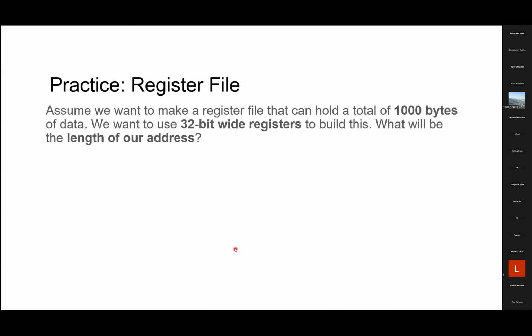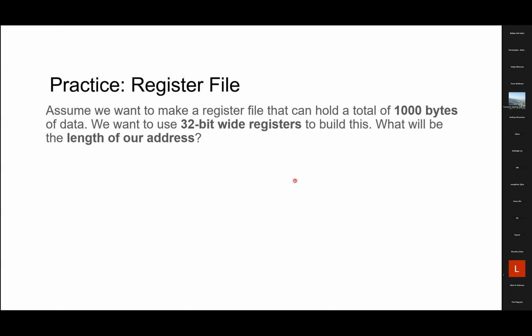All right. So let's have a short practice for the register file. Assume we want to make a register file, like the picture just now, that can hold a total of 1000 bytes of data. And we want to use 32-bit wide registers to build this. What will be the length of our address?